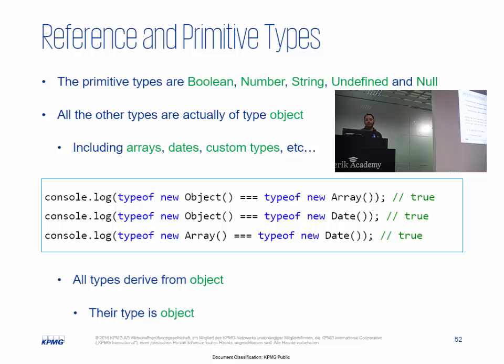If we compare the type of array to type of object, this will evaluate to true. And if we take an object and compare it to date, which is also an object in the language, this will also evaluate to true. So we have a few built-in reference types with different names, but actually they are built on top of the basic JavaScript object, and those are all reference types.